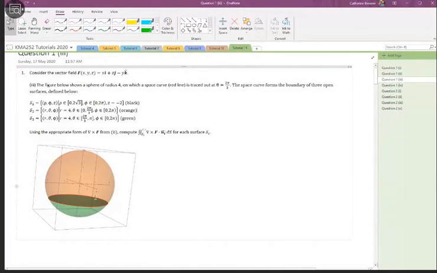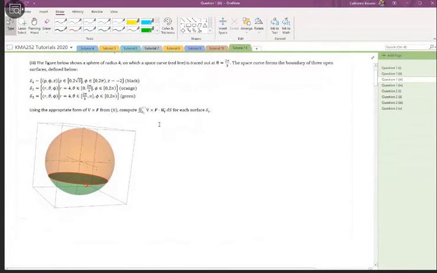We've got this red line traced out here, I think, and that goes that way around the circle. And then we've sort of got 3 surfaces that are bounded by this space curve, and we're going to compute this integral over the surface of the curl dotted with the normal vector for each surface.